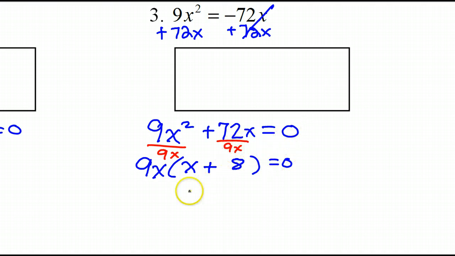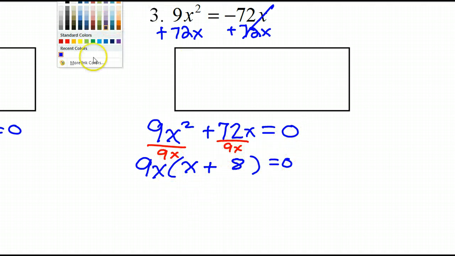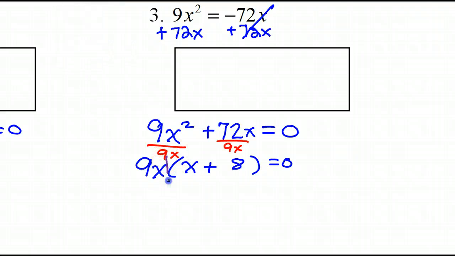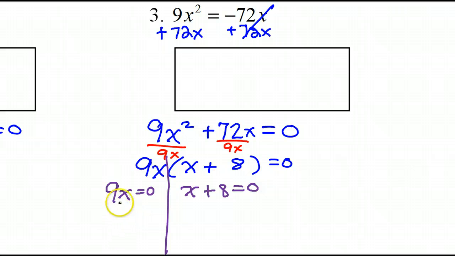Alright, so zero product property time. According to the zero product property, 9x can equal 0, or x plus 8 could equal 0.